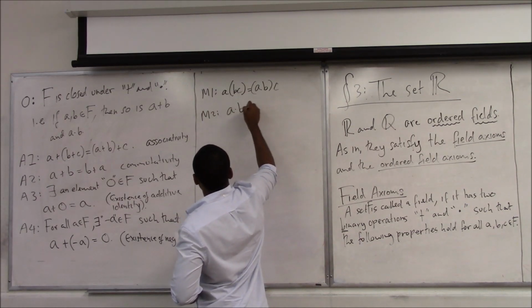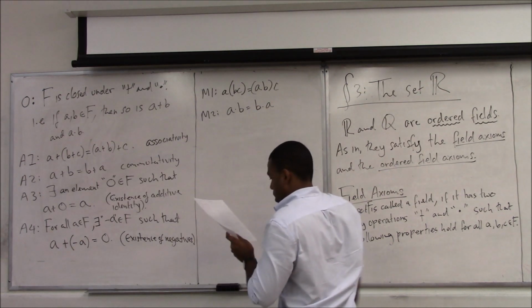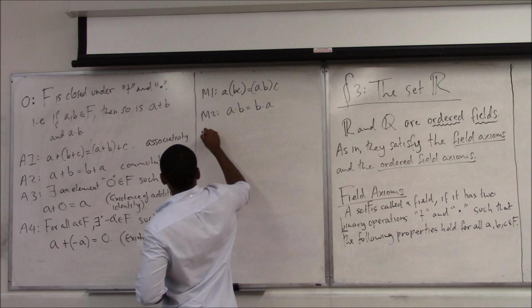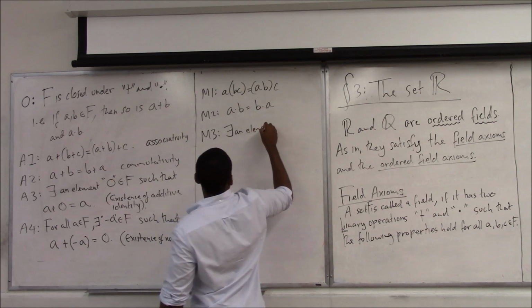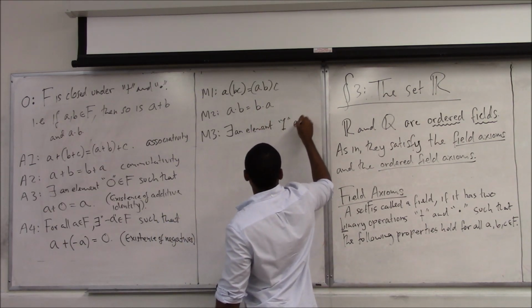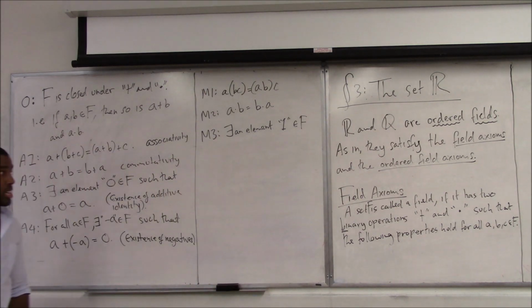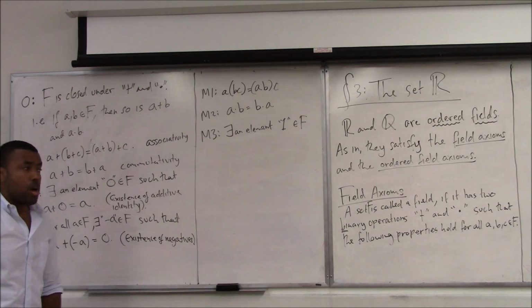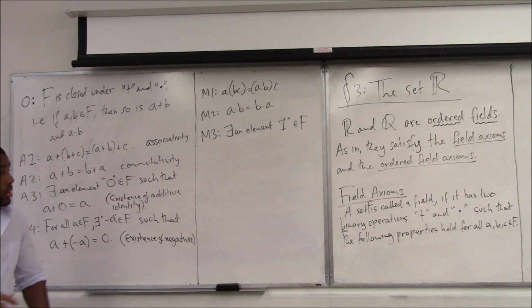Multiplication is also commutative. 3. There exists an element which we call 1 in F. Again, for the real numbers, the actual real number 1 satisfies this property, but for arbitrary fields it might look very different, but we'll still call it 1.